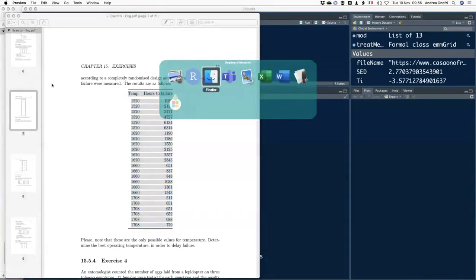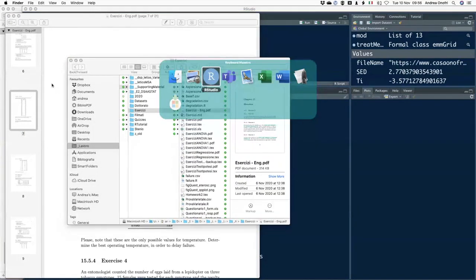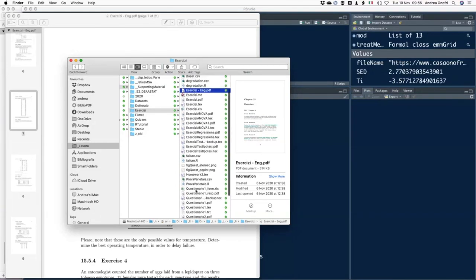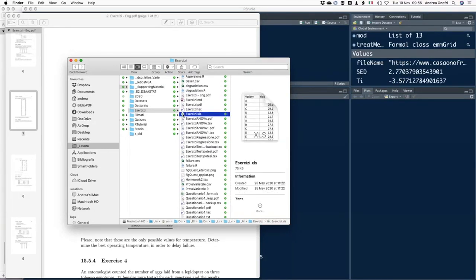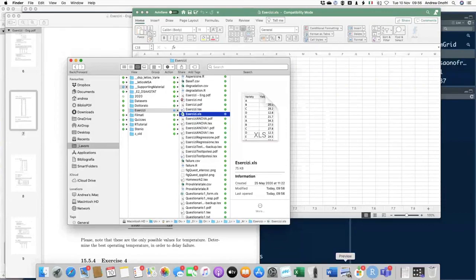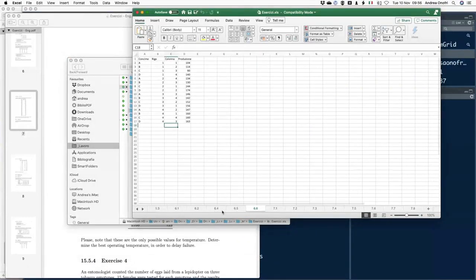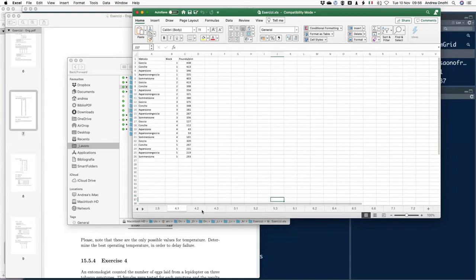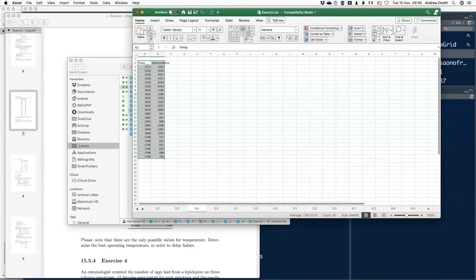So let me take another way to get the data in and do this in a short time. Here we go. 3.3, 3.4, here we go. And take this one, which is much better.